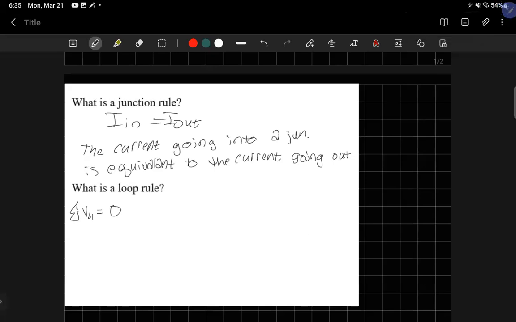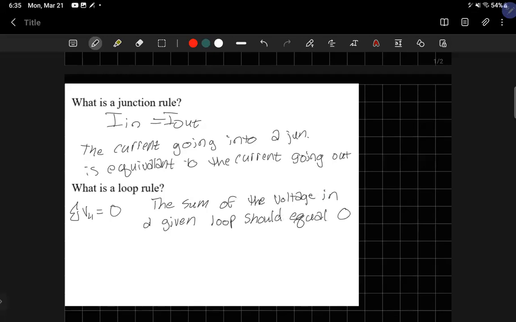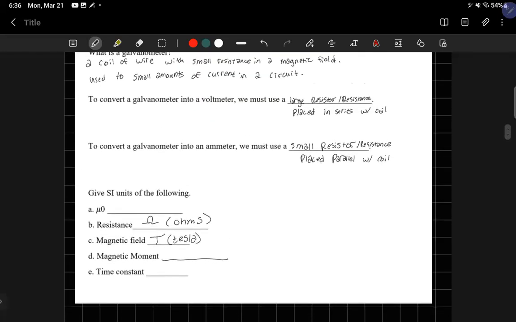And then as words, you can kind of just write the sum of the voltage in a given loop equals 0. And that pretty much sums up the concept portion minus the SI units. I'll have to look back at that.